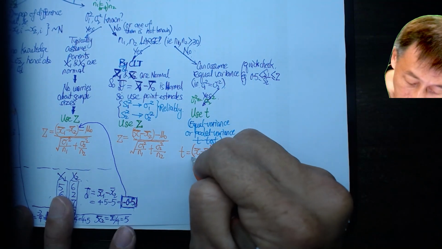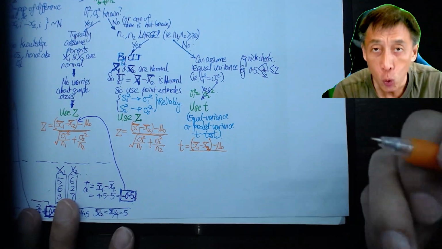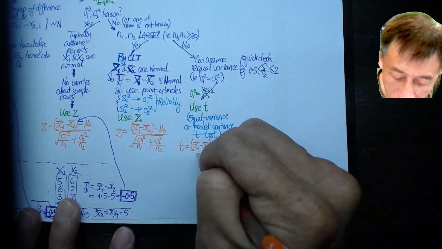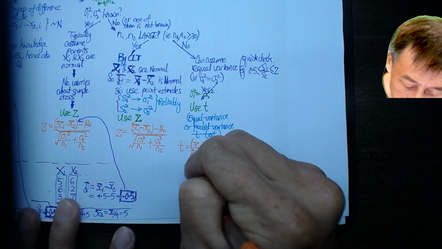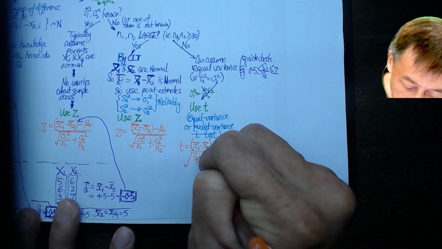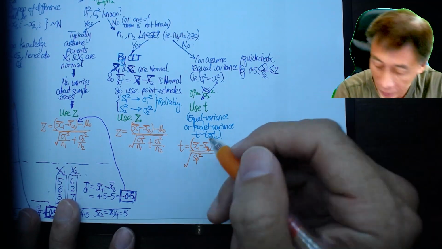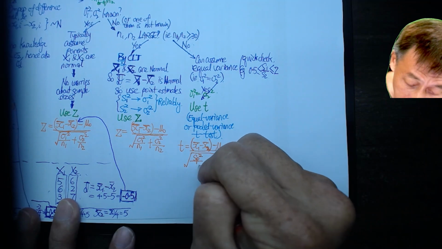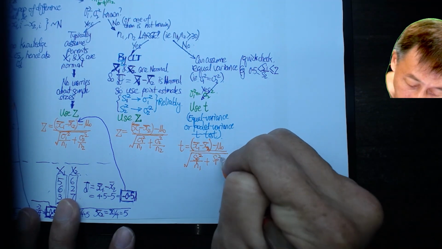And then we divide it by a pooled variance, let's say SP, and we treat the SP as the variance for both x1 and x2. So SP square divided by n1 plus SP square divided by n2.